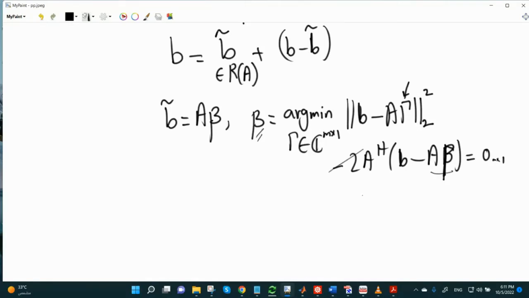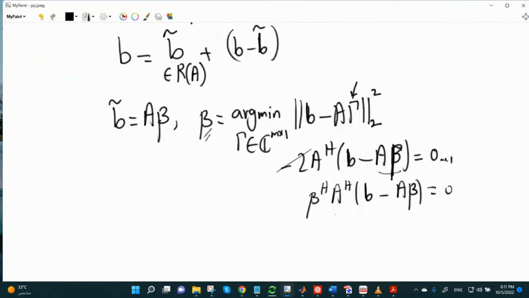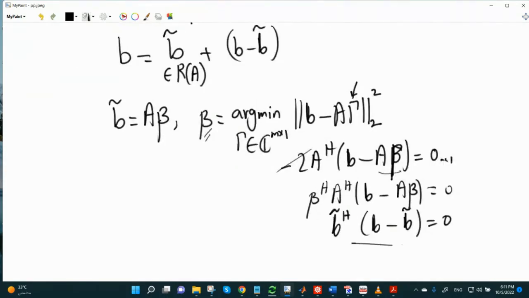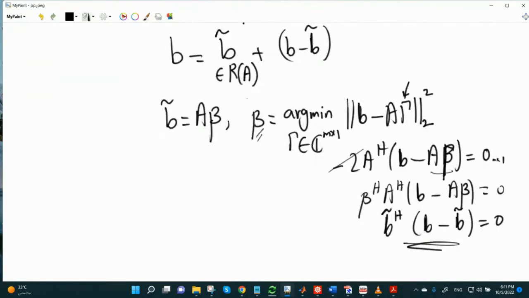Okay, and so we can eliminate this guy, and if you multiply by beta Hermitian, we get B tilde Hermitian times B minus B tilde equal to 0, which again is a known result: if you solve this problem, these two will be orthogonal, perpendicular to one another. So this inner product is equal to 0. So it's just the orthogonality principle.